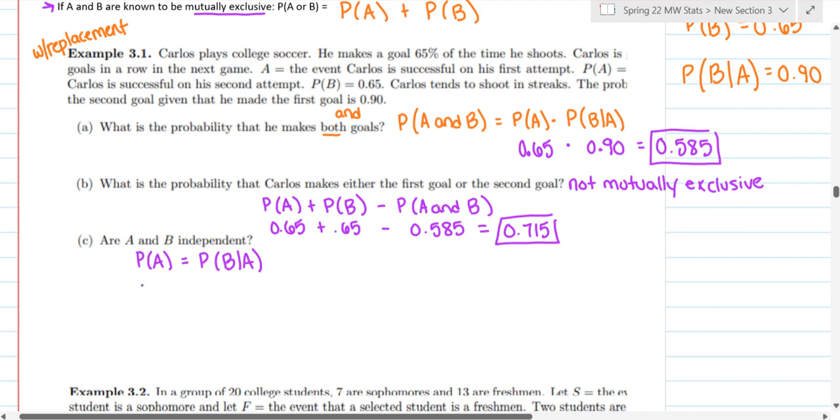No. Probability of A is 0.65. Probability of B given A is 0.90. That's given in the question. So no, these are not independent. These are dependent. Okay, remember, Carlos shoots in streaks. It says it in the problem.